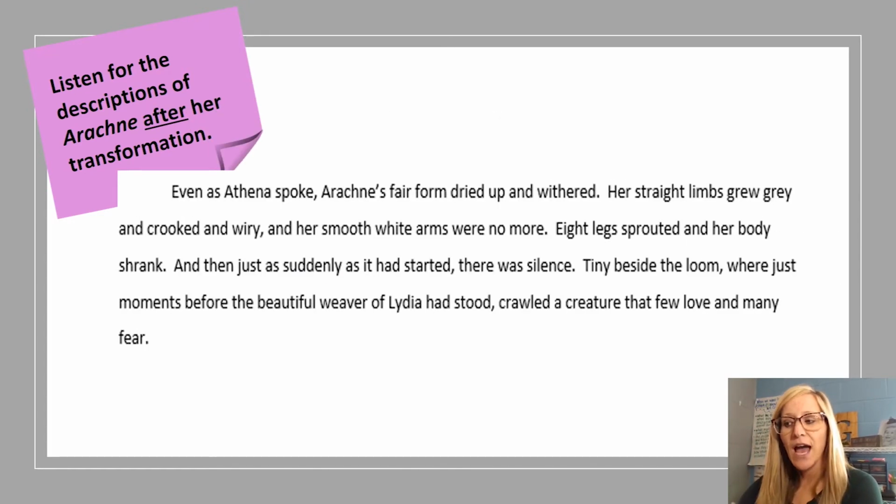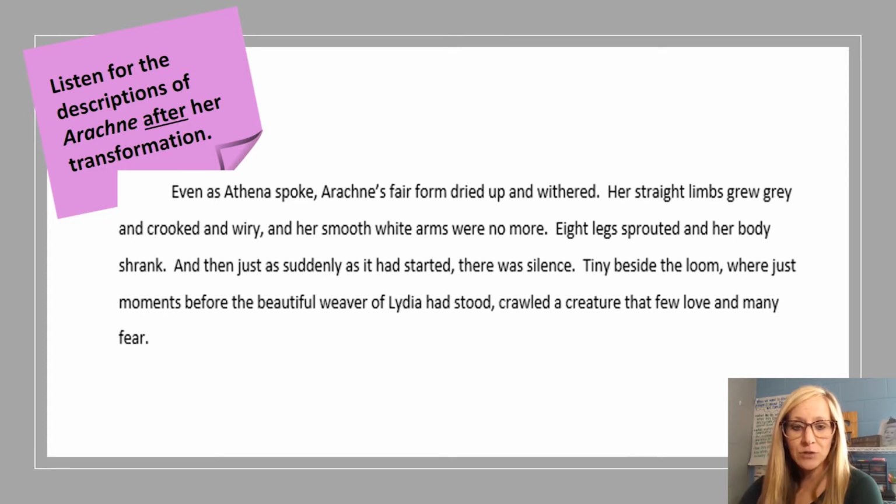We're going to dig into how the author again uses language to show the differences or contrast in Arachne's appearance after her transformation. So as I read, think about how Athena transforms Arachne. Even as Athena spoke, Arachne's fair form dried up and withered.